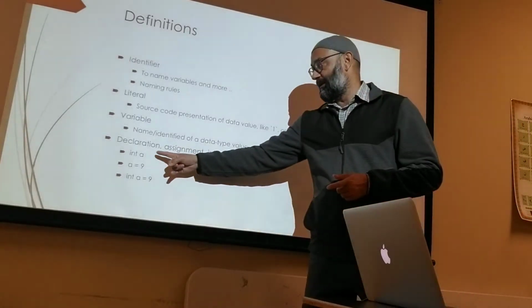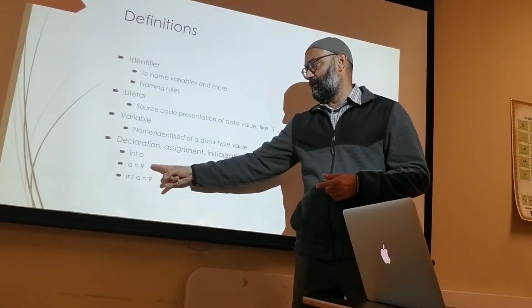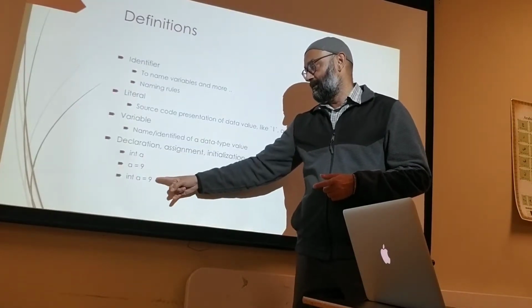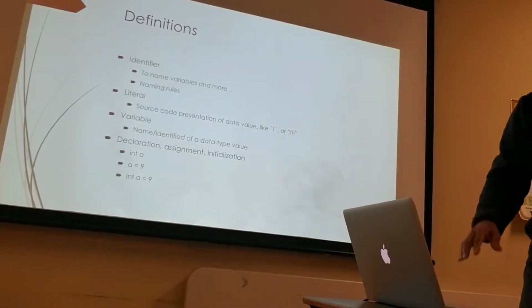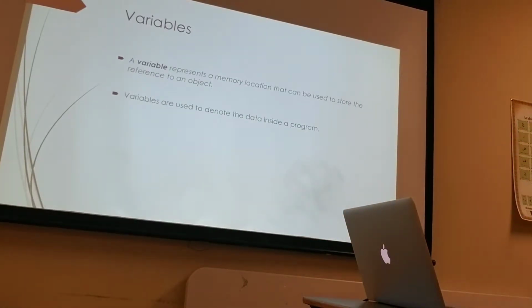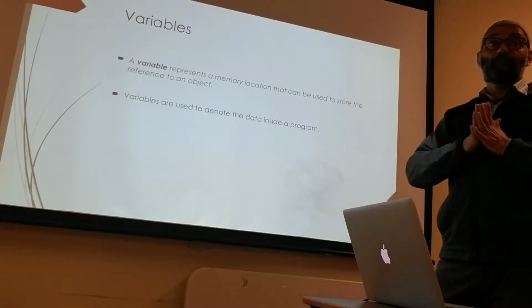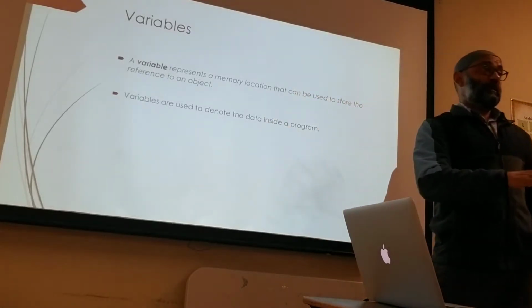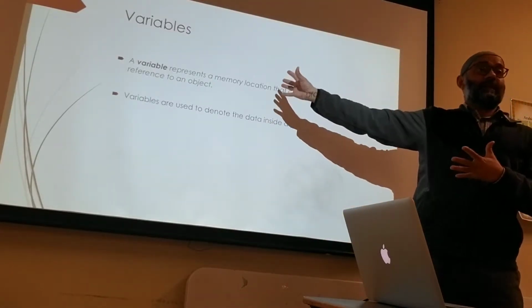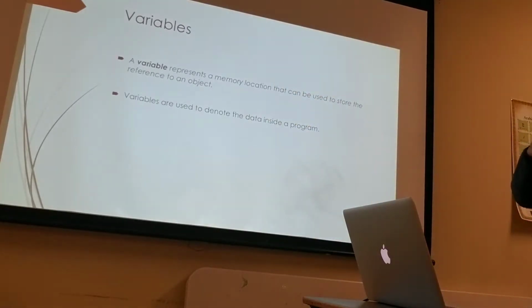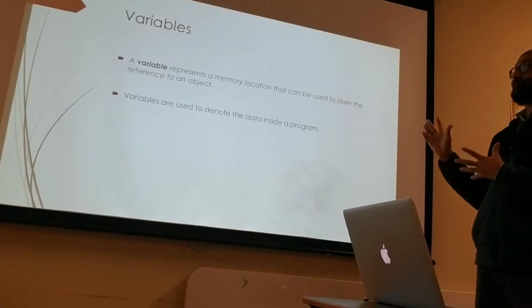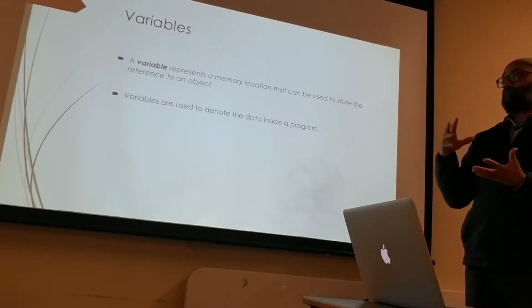For example, this is how we declare, this is how we assign, this is how we initialize. We'll come back to it, don't worry. What is a variable? A variable represents a memory location that can be used to store the reference to an object.